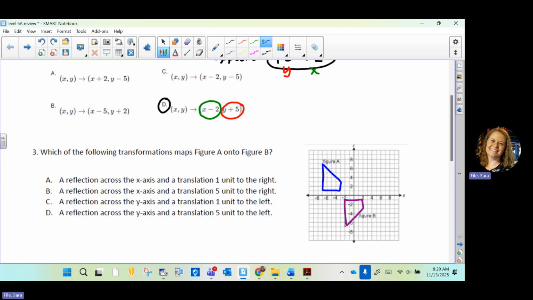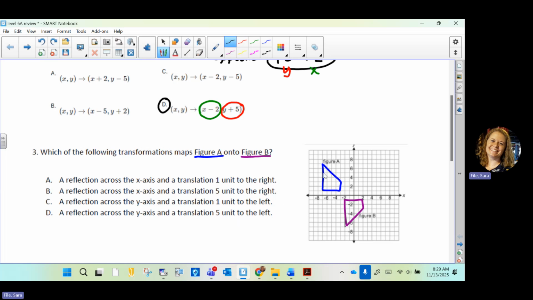So how do I get from the blue to the purple? Now, the only choices are reflection and a translation. They're both combos. So you could do a couple of things.